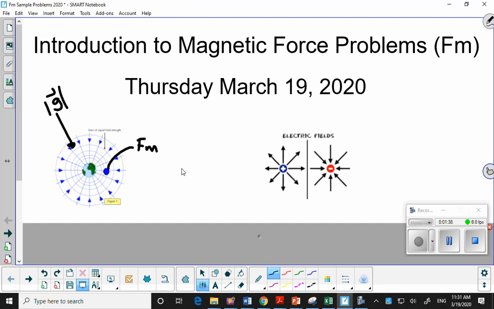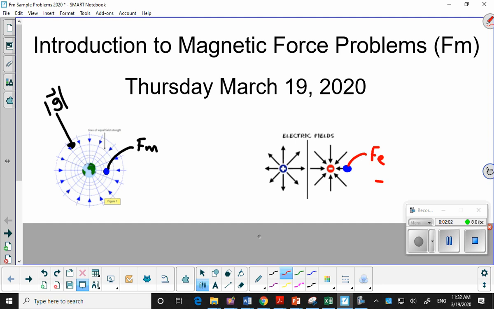Likewise with electric fields, if we have a charge, and let's make that charge, just for argument's sake, negative. If we move that charge into that field, now an electric force is applied to the charge.